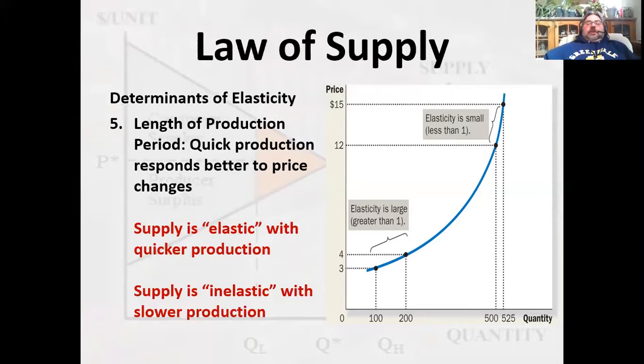Number 5 is the length of the production period. And we talked about this when we were discussing Karl Marx and the concept of a government planned economy.